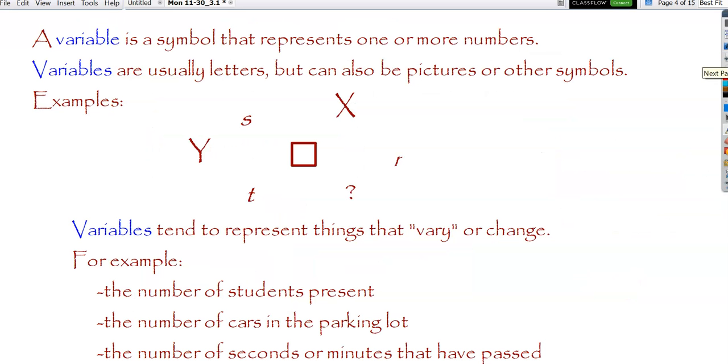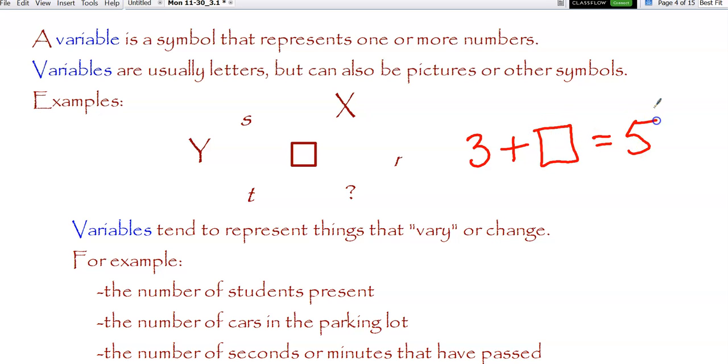Okay, so again, variables are letters mostly, but you can use anything to represent a variable. A box like this. Maybe even back in 2nd grade, they would say 3 plus what number equals 5? So you're probably all thinking, well, of course it's 2, right? 2 goes in the box.